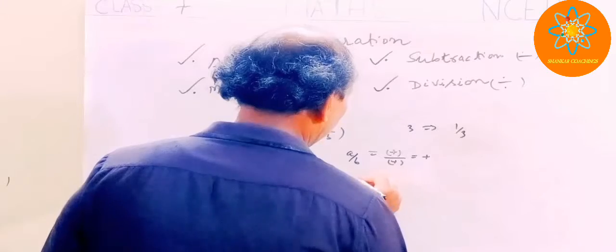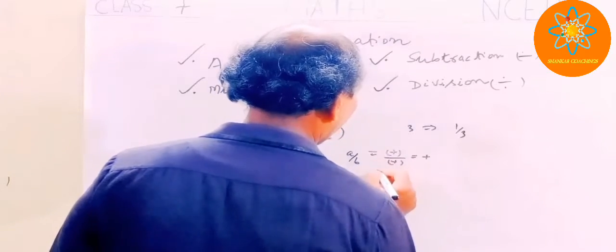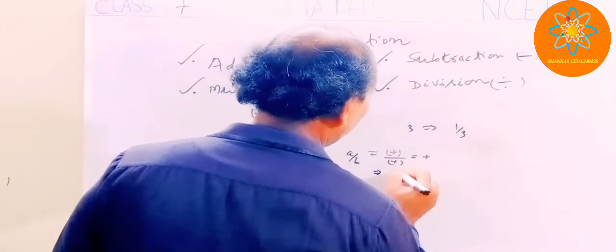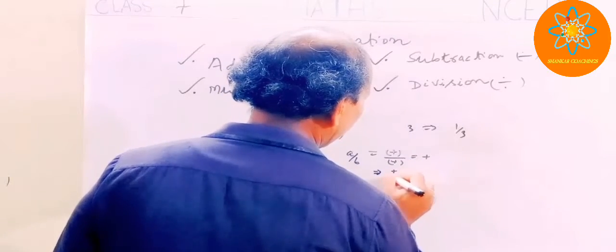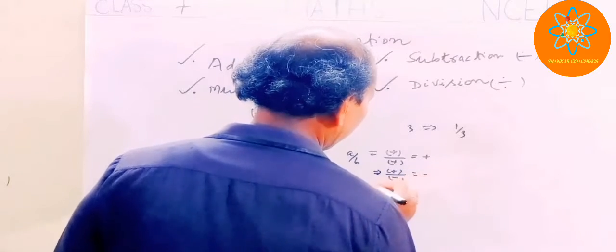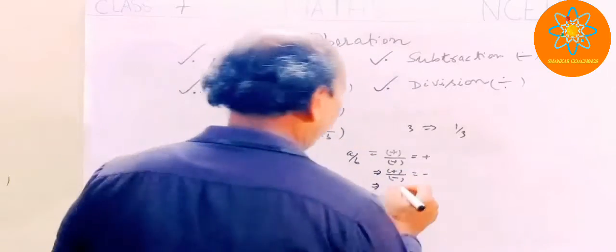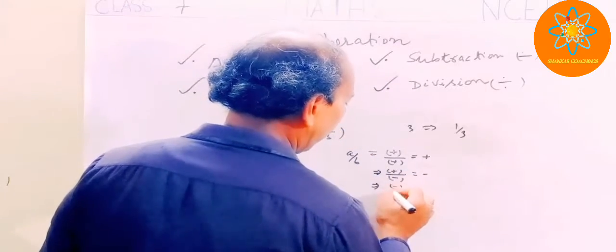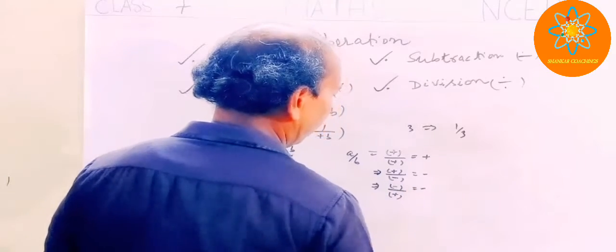Then suppose one is positive, another is negative. So this is the different sign, so it is negative. Similarly, if it is negative here and positive here, it is the negative sign.